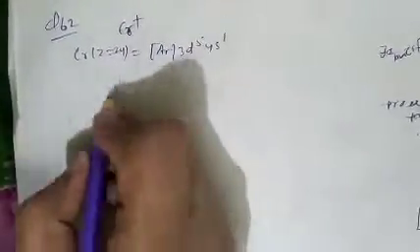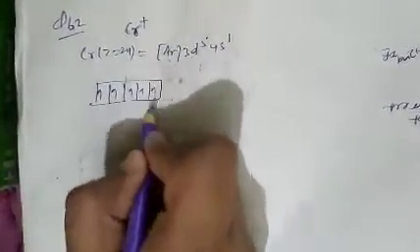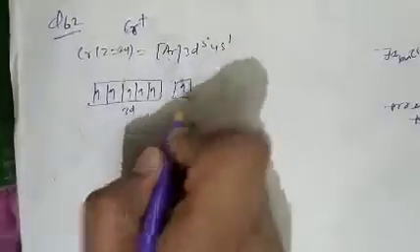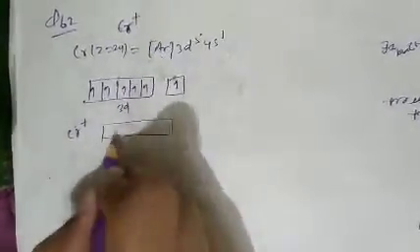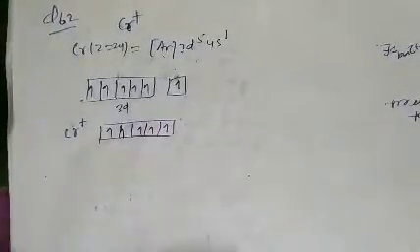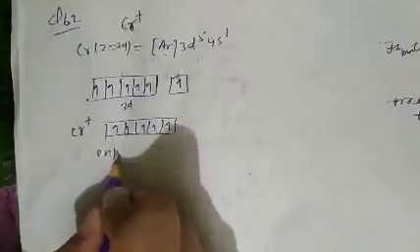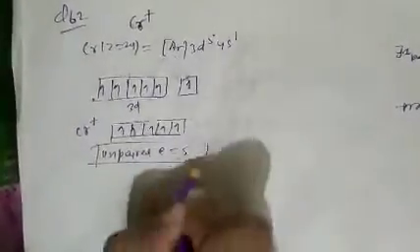So it will be 1 2 3 4 5 in 3d and 4s1. When one electron is removed, Cr plus means, now the d orbital will contain 5 electrons. So the number of unpaired electrons is equal to 5. So question number 62, option C is correct.